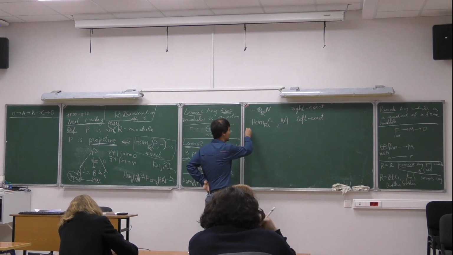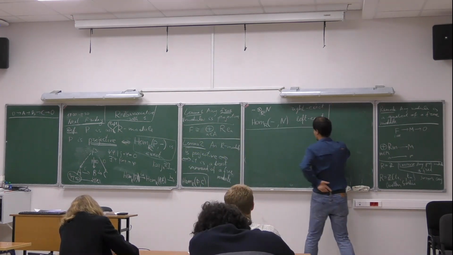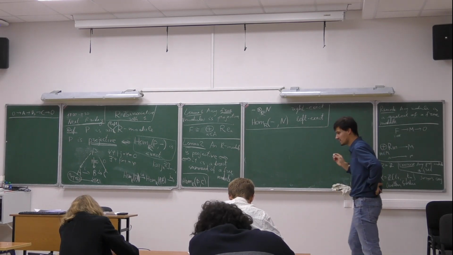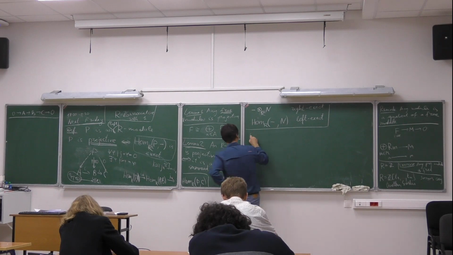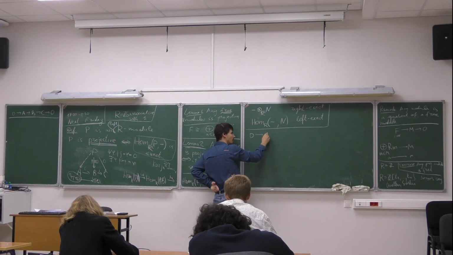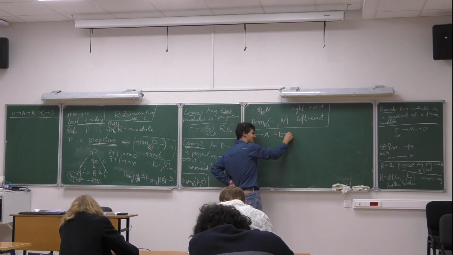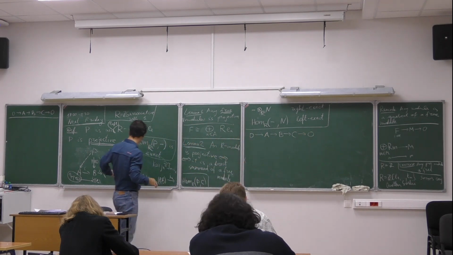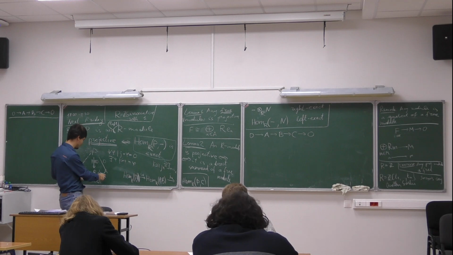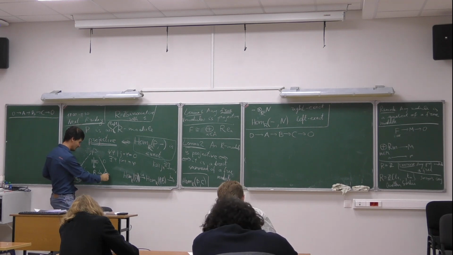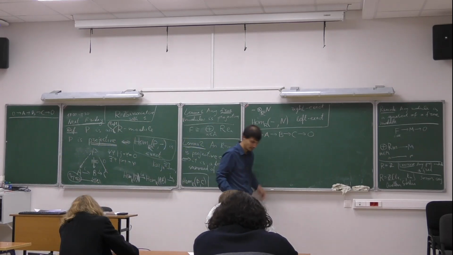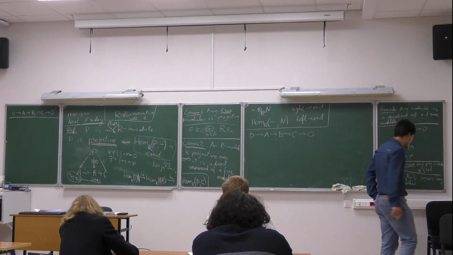This is a rather easy exercise. So this means the following. At this moment, I would like to consider a short exact sequence. So I want to be more restricted than here. Here we just have two maps, and we do assume that J is surjective and I is injective. Now I want to assume that they are.